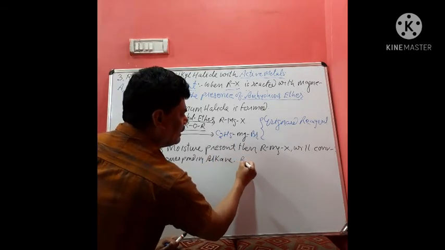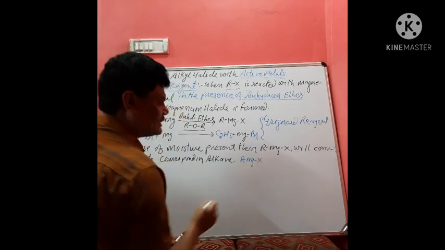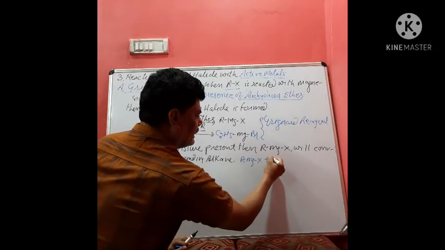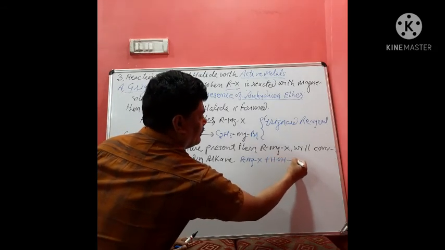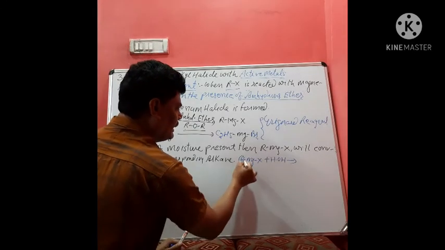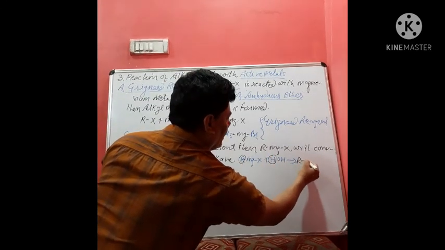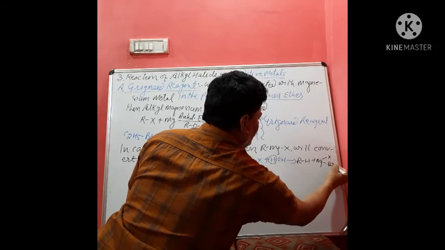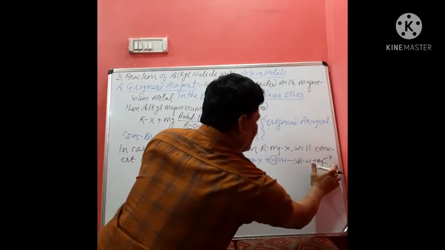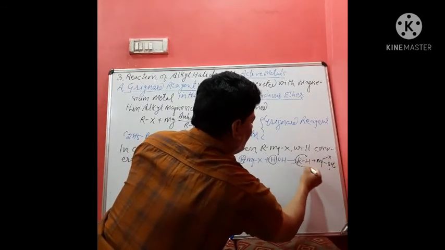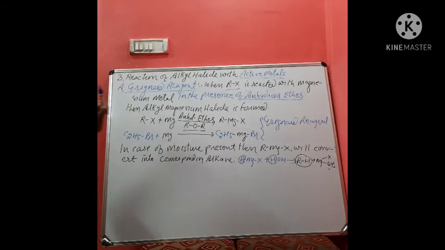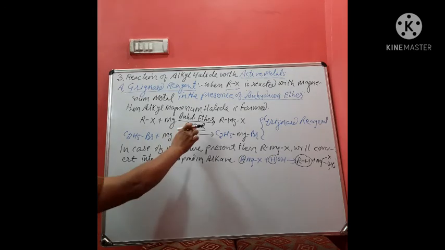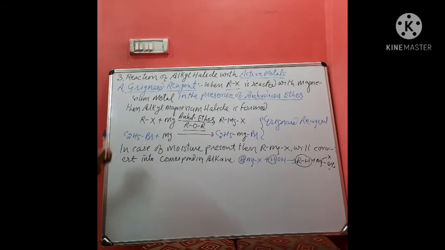Say this is R, Mg and X, plus if there is HOH, that is moisture, then R and H will combine, forming RH, plus there will be MgX and OH. So now it converts into alkane. Therefore, there should be no moisture. That is, we have to use it in the atmosphere of dry ether. Usually, diethyl ether is used here.